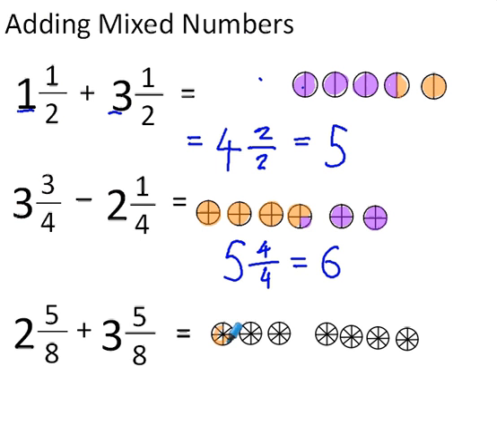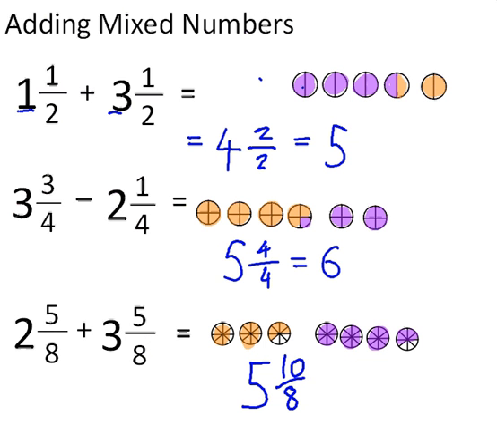Right, here's 2 5/8, and here's 3 5/8. Okay, what does that make altogether? So what I would do is, if I was doing this without the diagrams, I would add the whole numbers together to make 5. Then I'd add the fraction parts together to make 10/8.